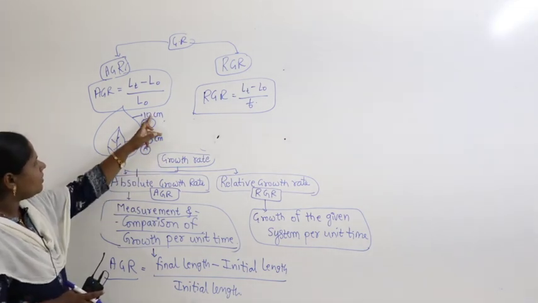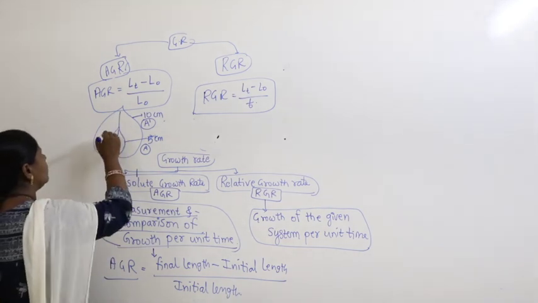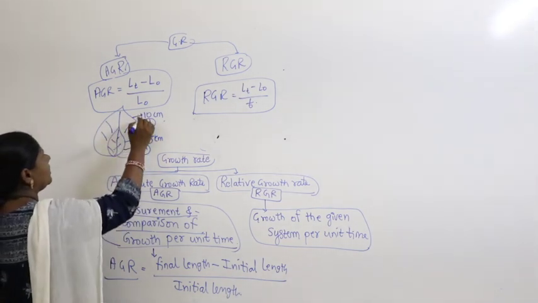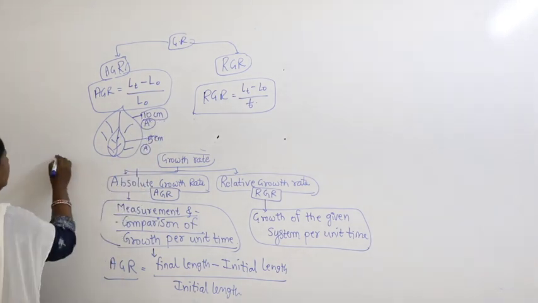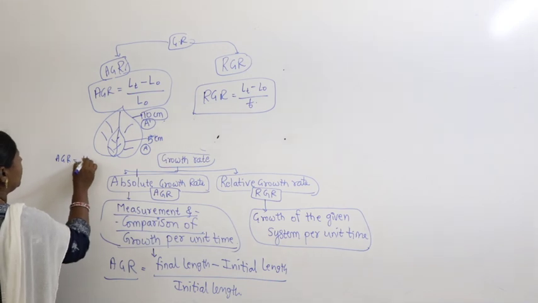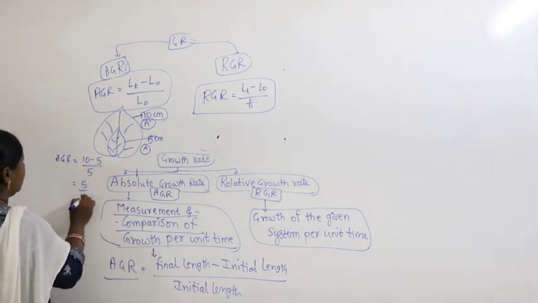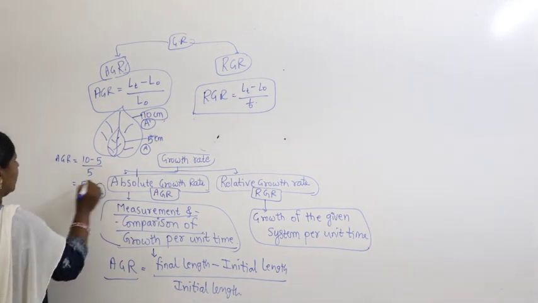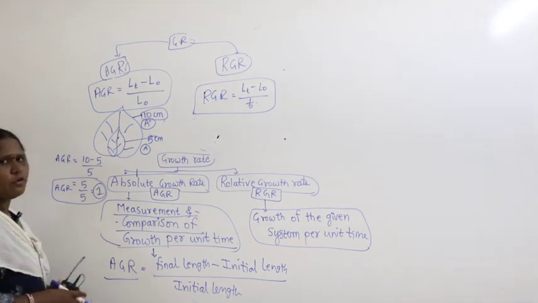After some time the total surface area has increased to 10 centimeters. So what is absolute growth rate here? Absolute growth rate is equal to 10 minus 5 by 5, that is 5 by 5, which is equal to 1. So 1 is nothing but the absolute growth rate. I hope you got it.